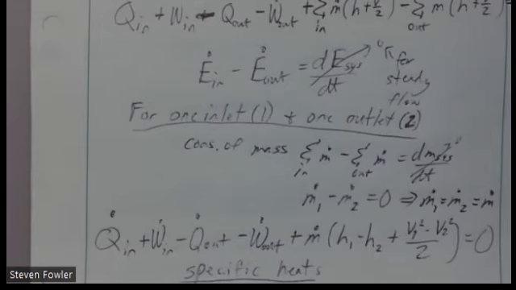But if you make that assumption, like I noticed in one of the homework problems, you need to neglect the heat transfer in order to solve it. Make sure you put that down as an assumption. Same thing with kinetic energy. If you're just not going to worry about the kinetic energy, just write that down as an assumption. Because inevitably at some point you'll make an assumption that's not correct.